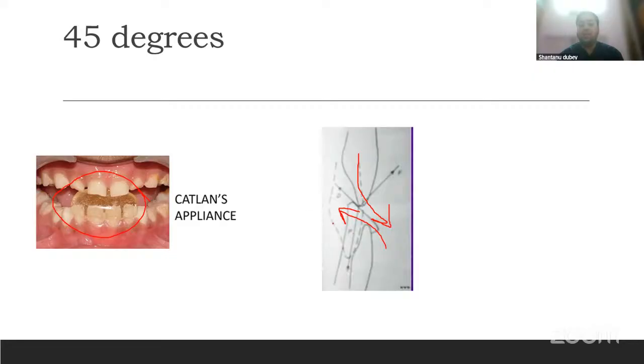So the lowers go lingually, the uppers go buccally, and hence the anterior crossbite is solved. So okay, this is Catlin's. Another appliance that you can give is Hawley's with a Z spring maybe. That will push the upper anteriors out. It will not do anything to the lowers, but it will push the upper anteriors. So these are the three appliances that can be used. Whenever you see an anterior crossbite, always remember 45 degrees.